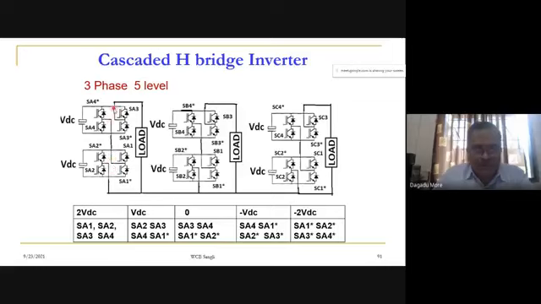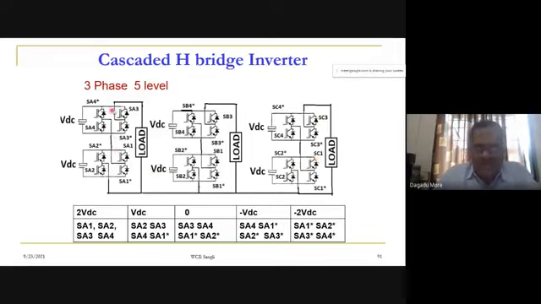So whenever we connect two H bridges in series, the number of levels will be 5. If you connect three H bridges in series, first will give 3, then 2, and then 2, so when three H bridges are connected in cascade, we get a 7 level. Similarly, we can have a 9 level and so on.